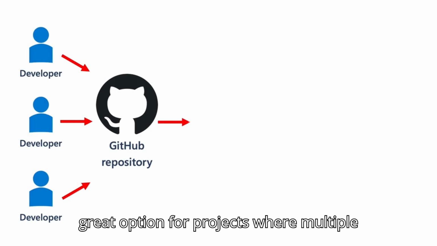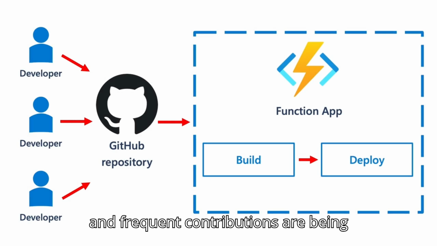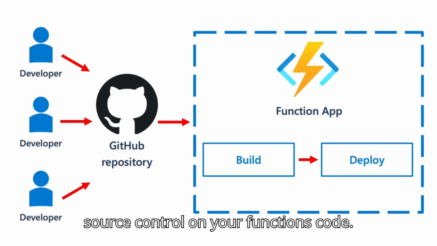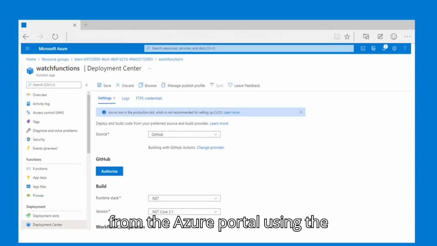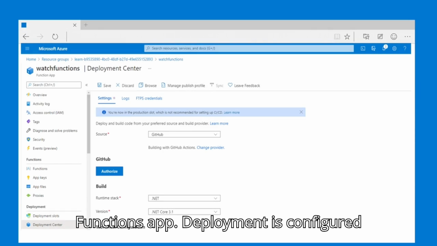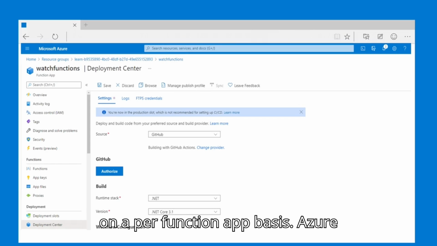Continuous deployment is a great option for projects where multiple and frequent contributions are being integrated. It also lets you maintain source control on your functions code. You can configure continuous deployment from the Azure portal using the Deployment Center feature of an Azure Functions app. Deployment is configured on a per-function app basis.